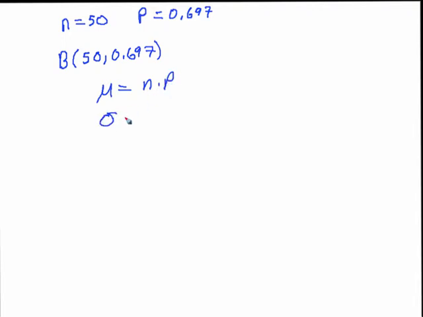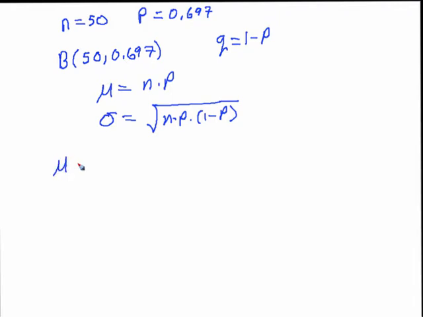And then the standard deviation of a binomial random variable is given by the square root of n times p times 1 minus p. Many books, ours included, will refer to q as equal to 1 minus p. So keep that in mind. If you see n times p times q, that's what was intended there. Okay, so we're going to go ahead and do these calculations.